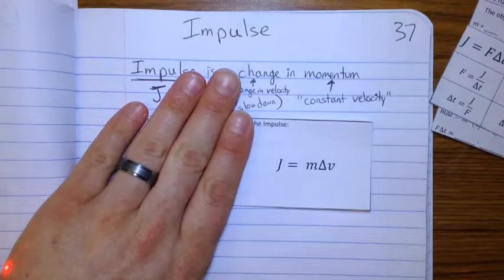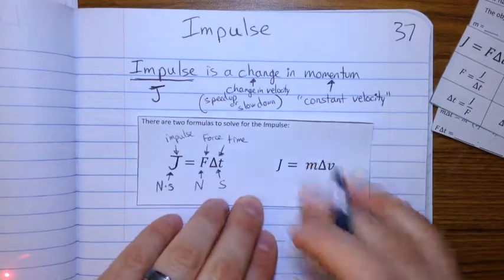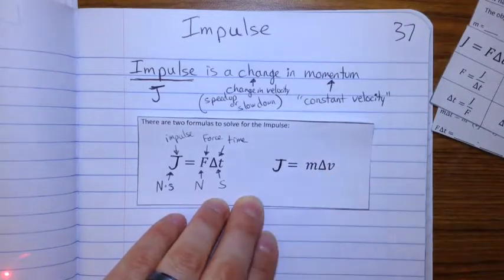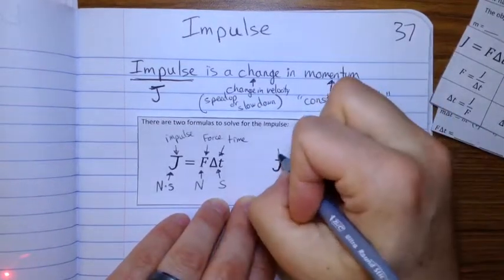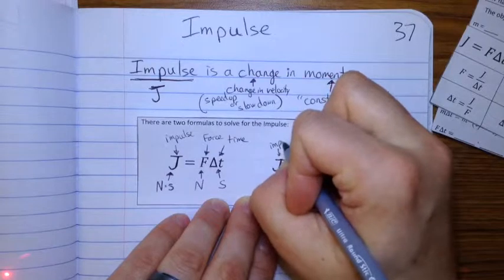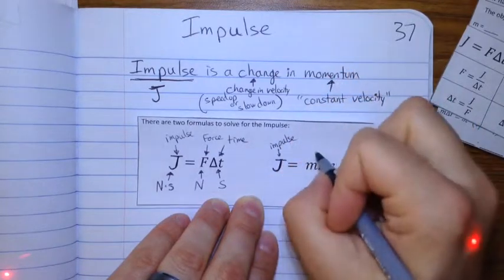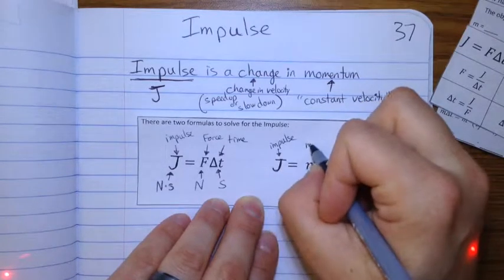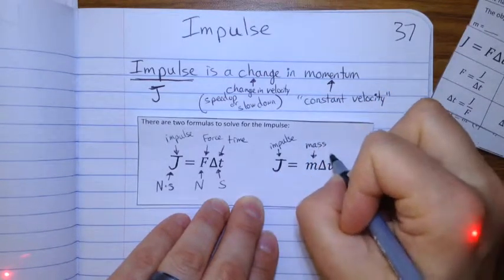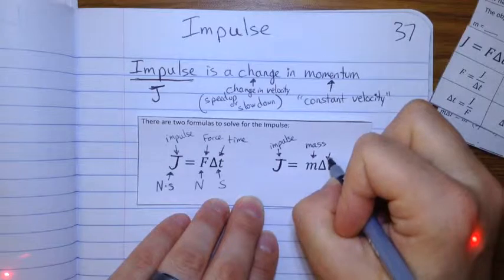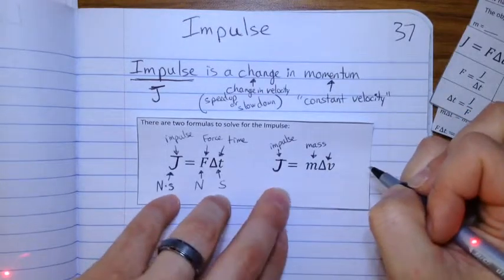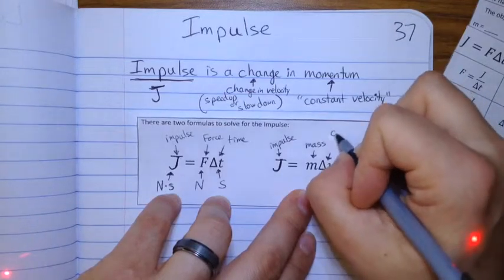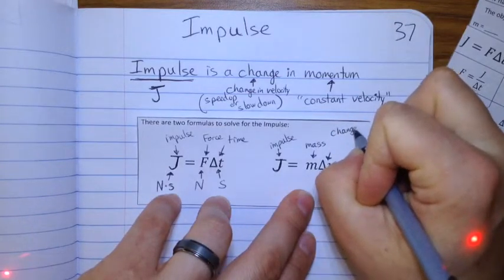Here's another formula. It gets you the same answer, but using different variables. Again, uppercase J, that's impulse. What does M stand for? Mass. Now, delta V. What's V stand for? Velocity. A delta V is change in velocity.